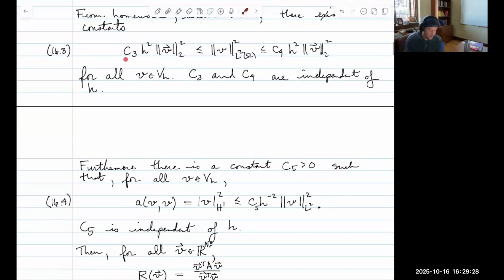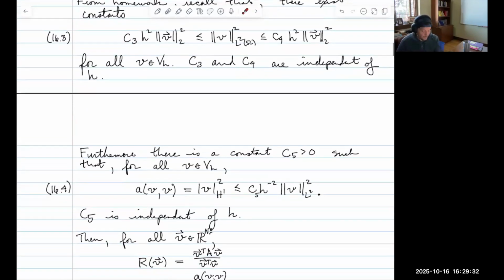All right, so that's one thing to put in your pocket. Now we're going to use another fact that we proved in homework. This is what's called an inverse inequality.